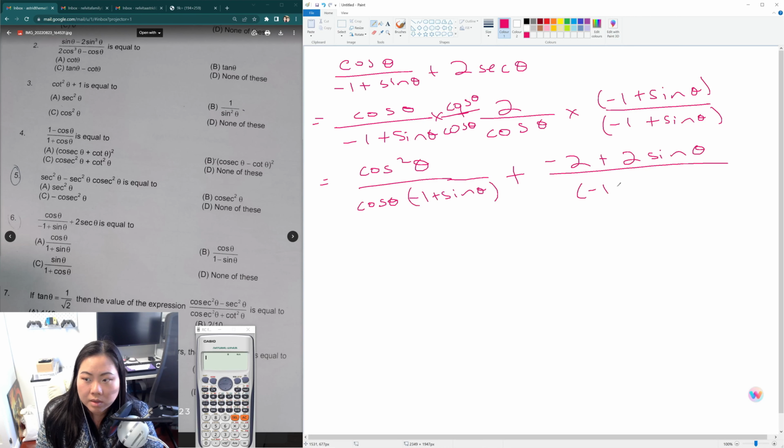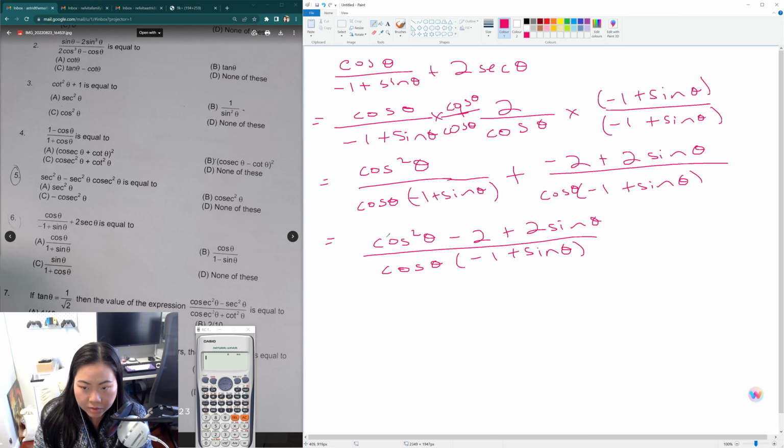Now that we have the same denominator, I can combine the two. So it's all over cos theta outside of minus 1 plus sine theta. The top is cos squared theta minus 2 plus 2 sine theta. There's a squared again, which means there's probably a trig property, and I know that cos squared theta minus 1 is sine squared theta, so I'm going to split that up.